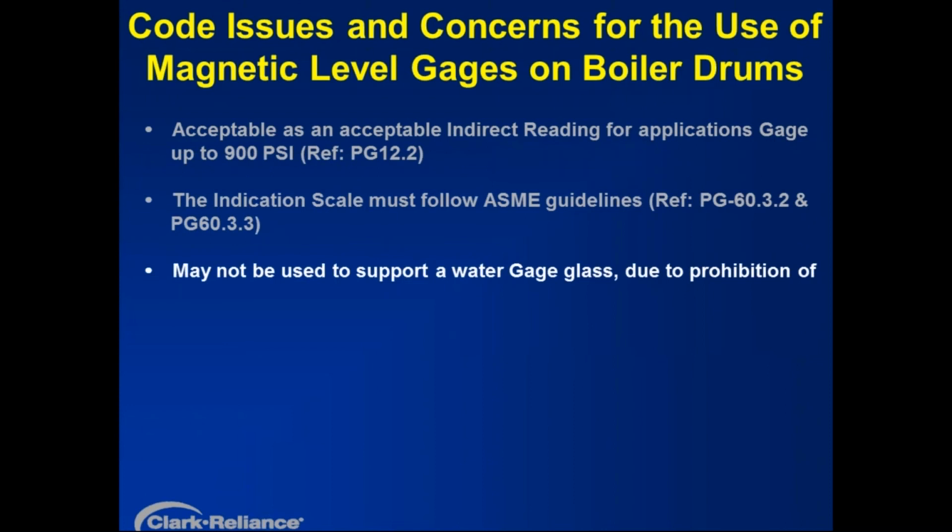You may not install any accessories on a magnetic level gauge, such as a gauge glass. By doing so, you're making a water column out of that device, and the clearance is rather small in typical magnetic level gauges between the outside diameter of the float and the inside diameter of the chamber, and there is some potential risk if there's contamination buildup of flow that would go in and out of another set of branch connections if they were welded onto that chamber to support an additional level indicating device.